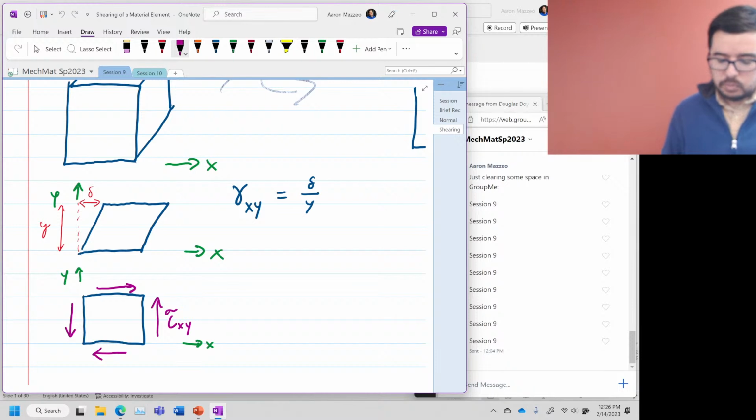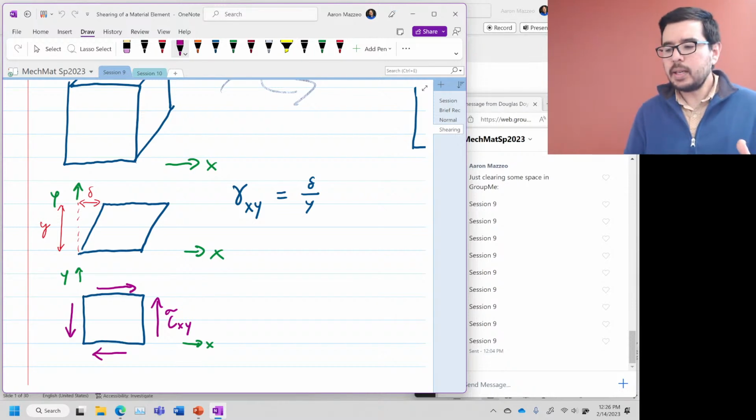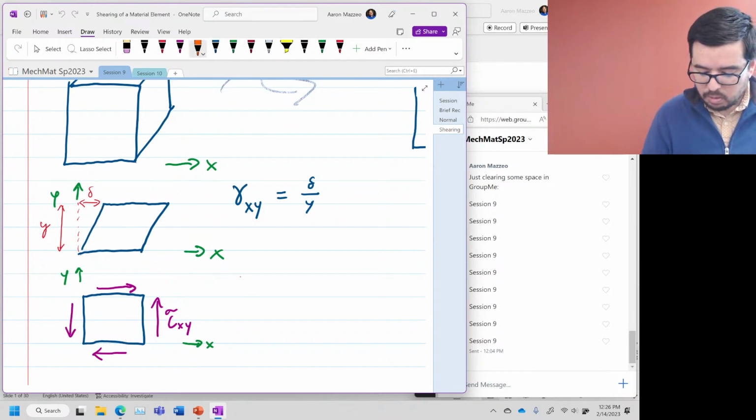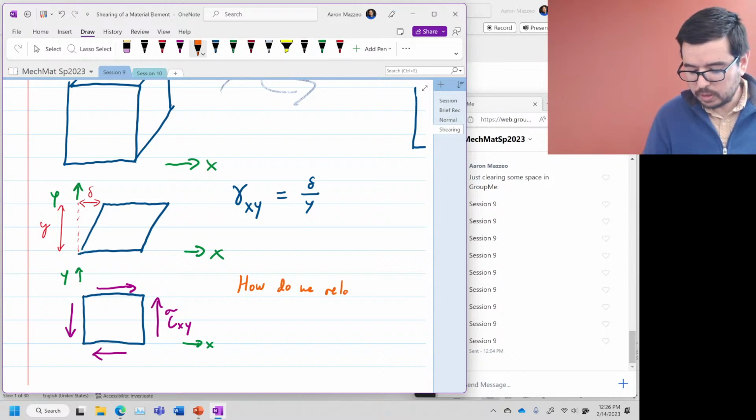So how do we relate these to each other? That's the question here: how do we relate tau and gamma to each other?